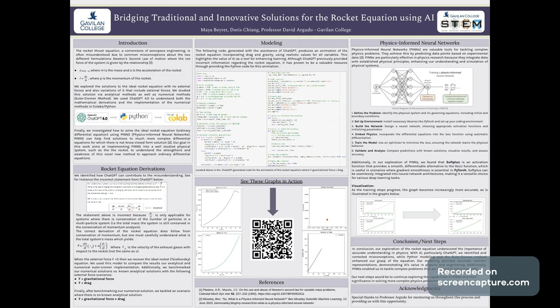As you can see here with our three graphs and our animation, we created three separate models. The first was with the external force being gravity and only gravity. The second was the external force being only drag. And the third was the external force being both gravity and drag.